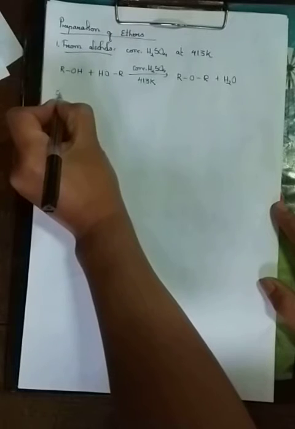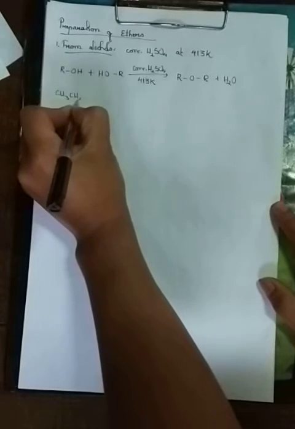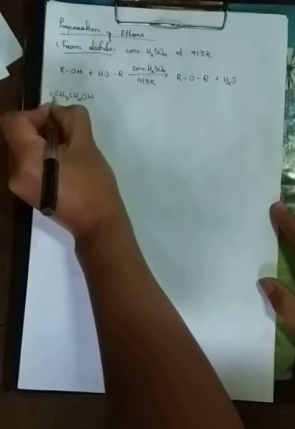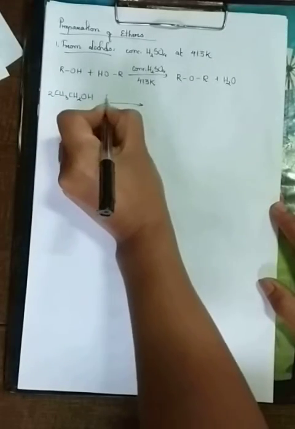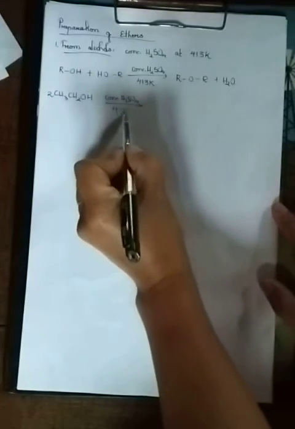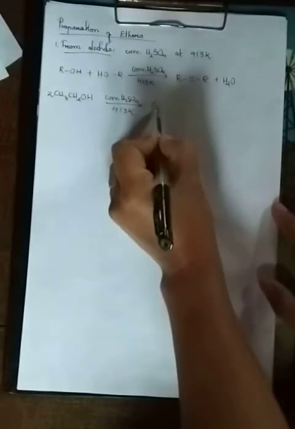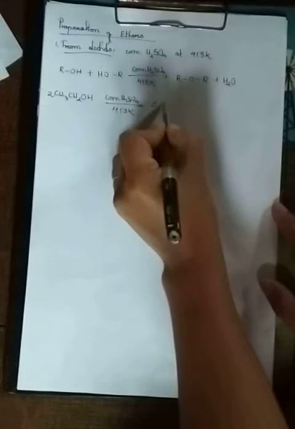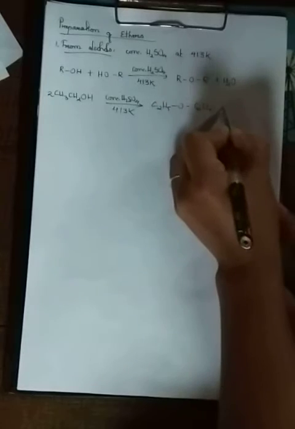Example here, CH3CH2OH with concentrated H2SO4 at 413 Kelvin, we will be getting C2H5OC2H5 along with the removal of a water molecule.